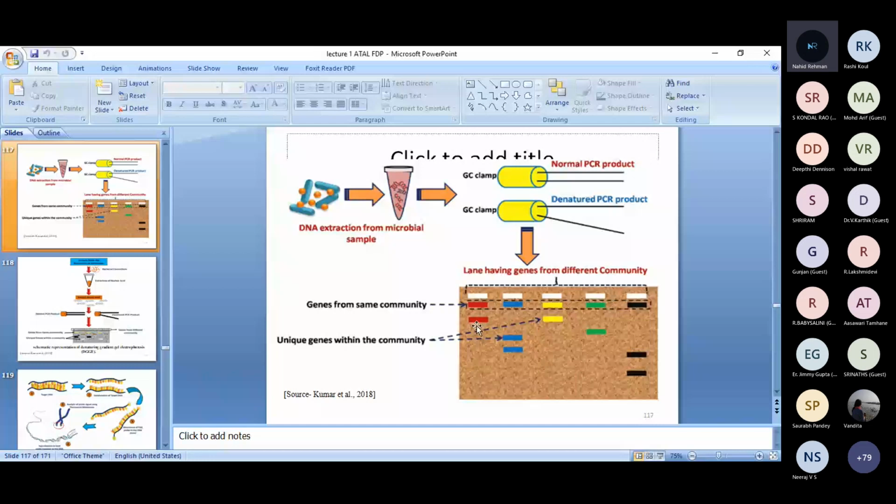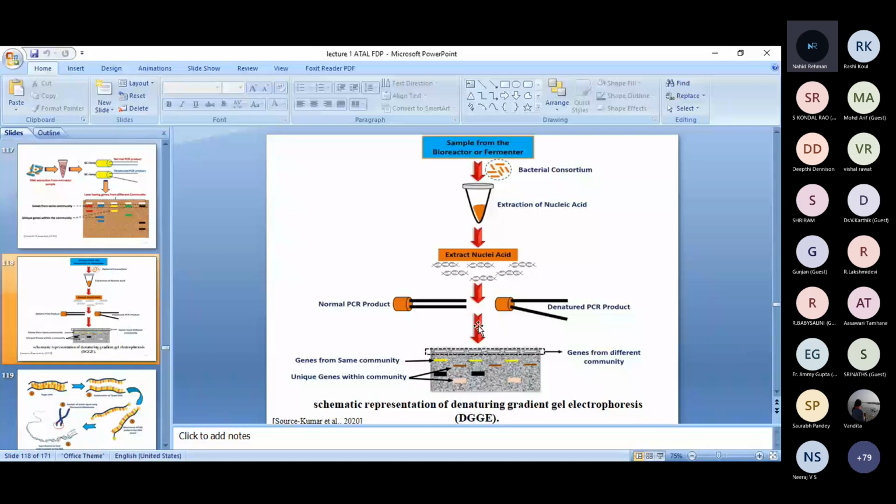And you should know here that the success depends upon the design of the specific primer, and the designing of the primer must be done very judiciously so that you are not going to miss any of the sequences which is of your importance. And for that you have different tools among different gel electrophoresis techniques.